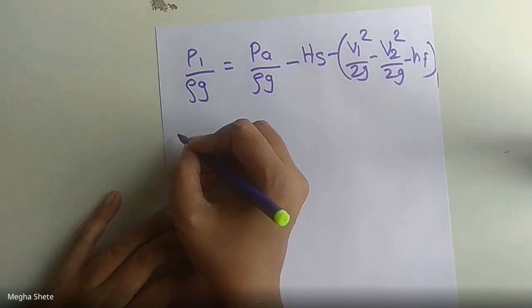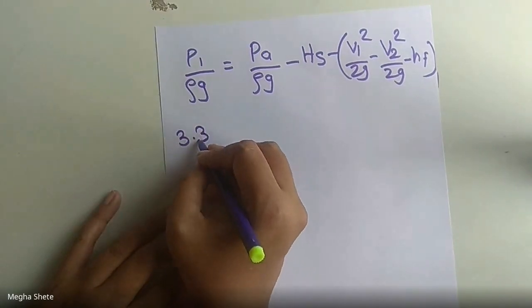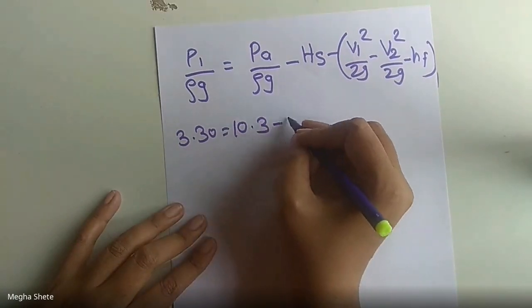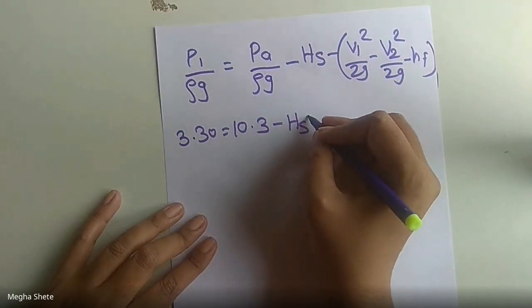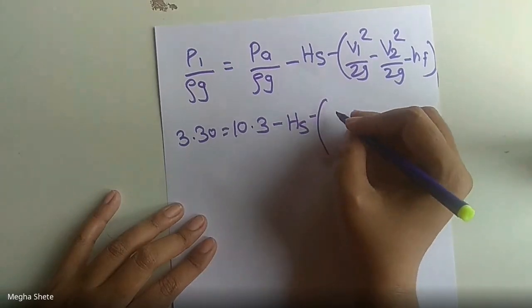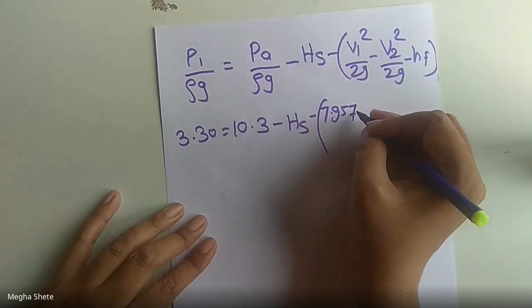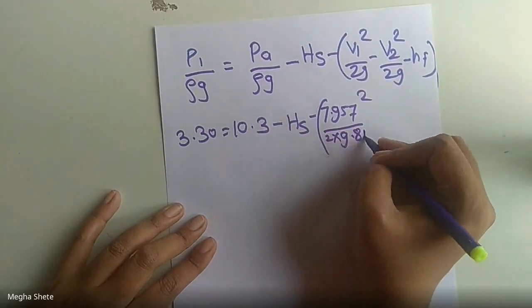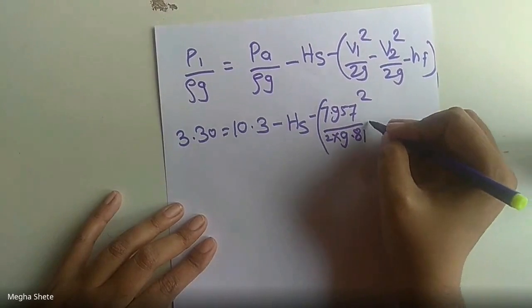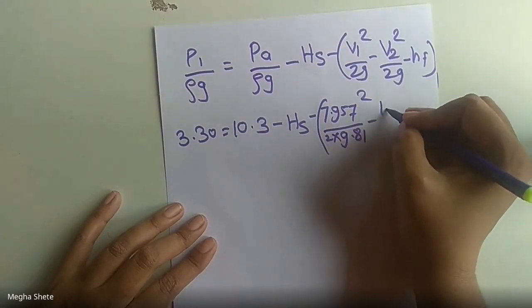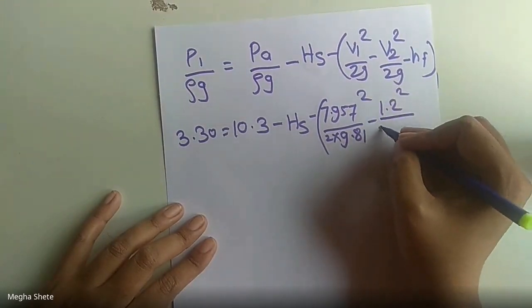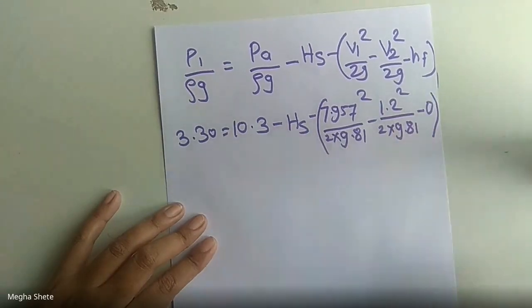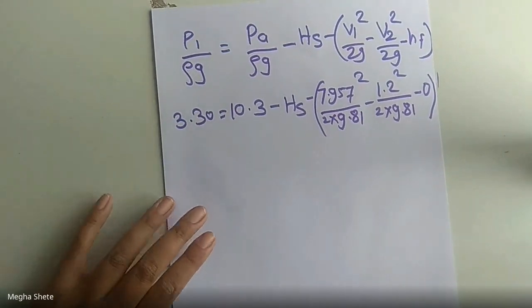Putting the values, we get 3.30 is equal to 10.3 minus HS minus 7.957 square divided by 2 into 9.81, minus 1.2 square divided by 2 into 9.81, and HF is negligible. That's why we write it as 0.